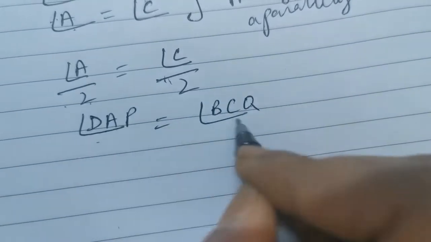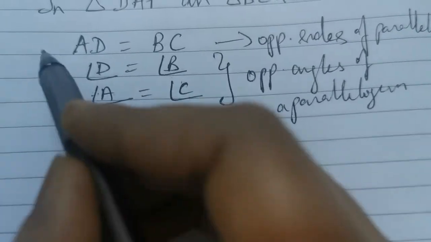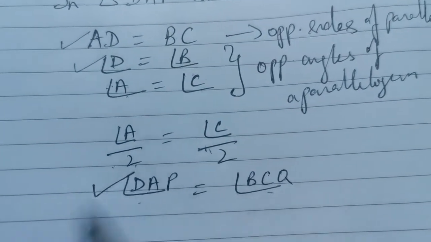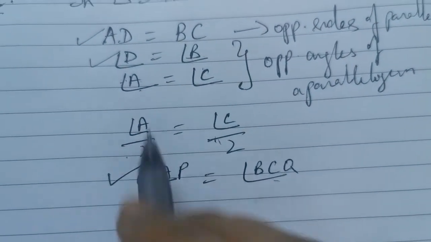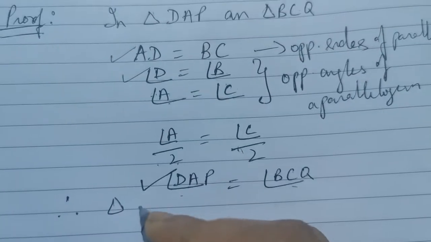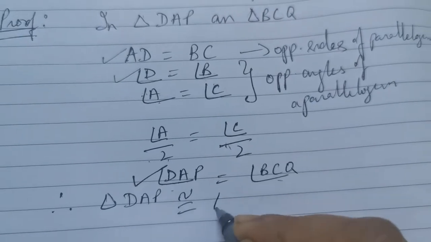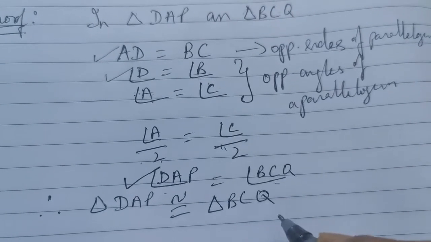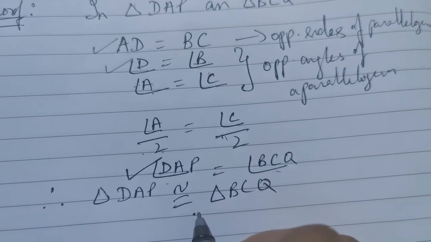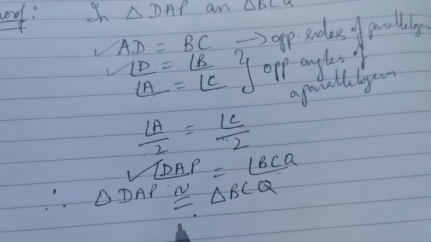So, I took the two halves. Now, one side, another angle and this angle. These three things are the same in these two triangles. Therefore, my triangle DAP is congruent to triangle BCQ. From this, we can conclude the other two sides are also equal.